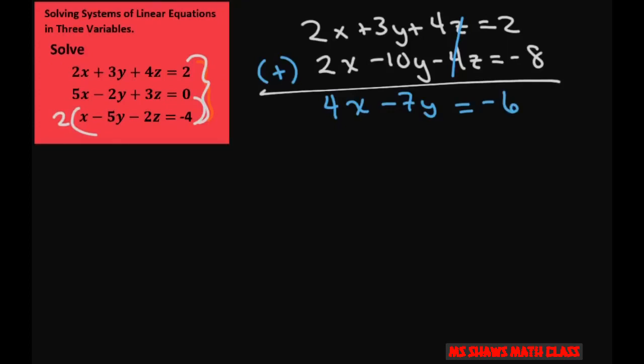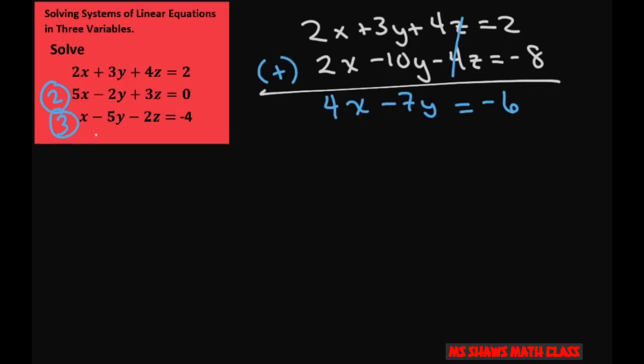All right. Now, since I took that one, I have to eliminate z again, so I need to use the 2 equation. So I'll go ahead and use 2 and 3.